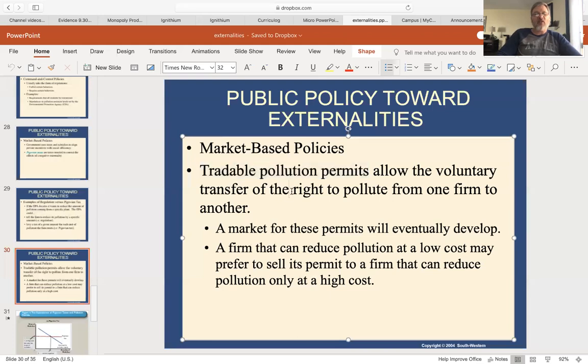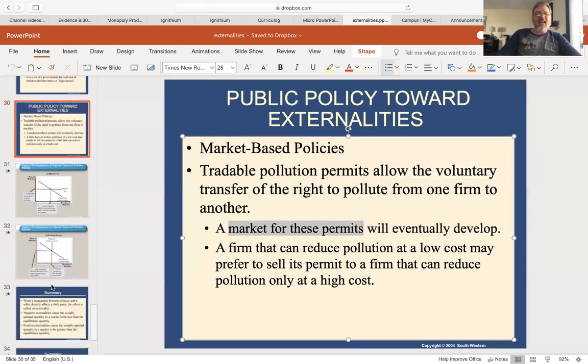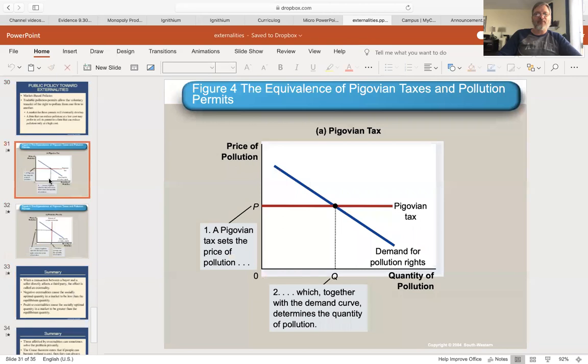And then they distribute them to the oil refining plants, and they also allow the oil refining plants to trade them. So they create this market for these emission permits. And the last part of this chapter is just showing the demand for pollution rights.